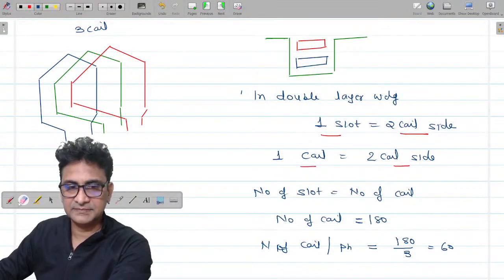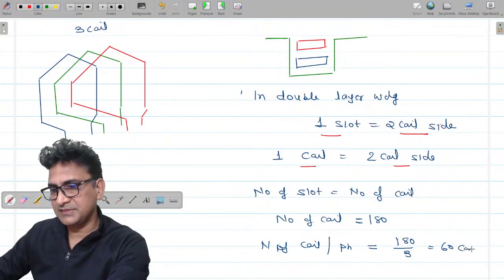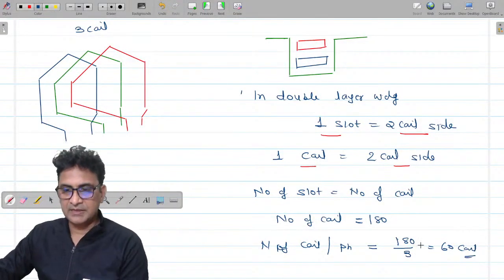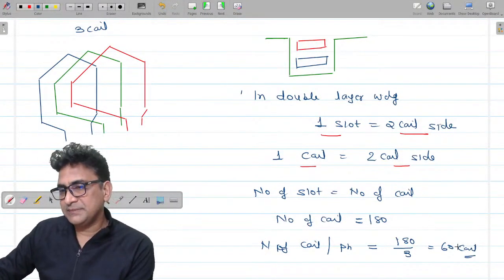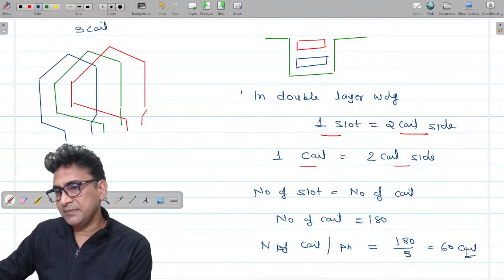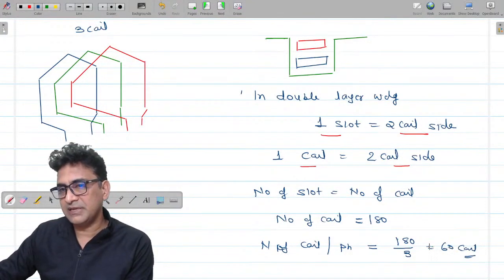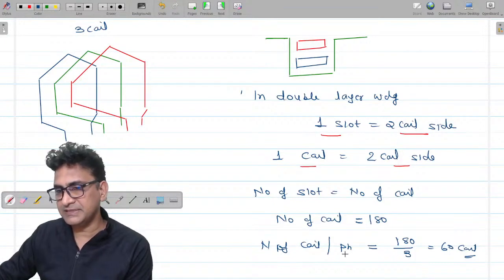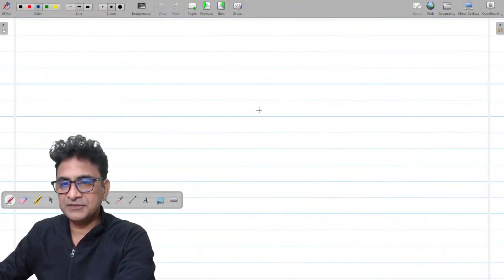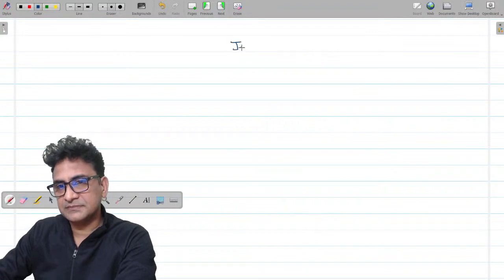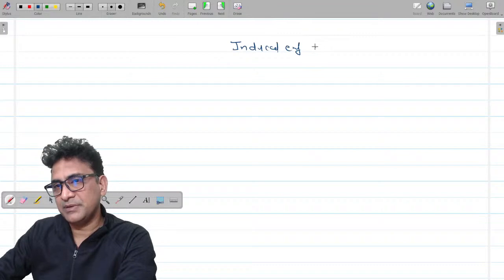Is it clear? We have 60 coils. So we know the induced EMF in a single coil. If I multiply it by the 60 coils, I will get the total induced EMF in a phase, per phase.